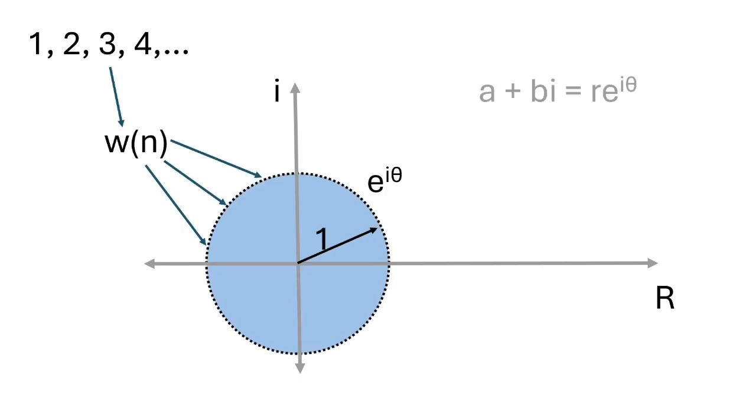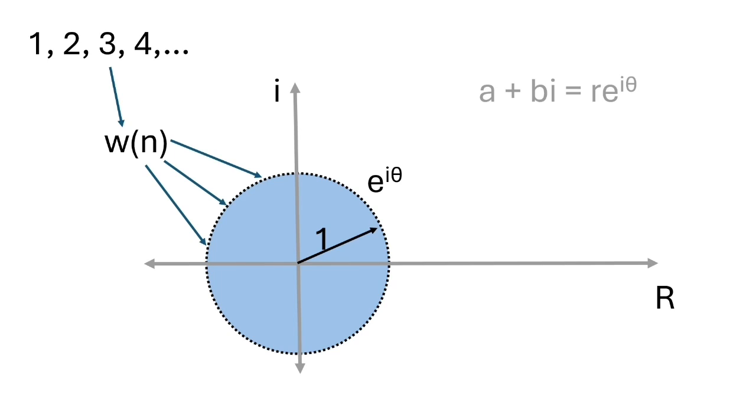All right, so what's next? Well, using complex numbers expressed in this way, we are about to see how Sky defines a function, w of n, that maps each positive integer n into the complex plane, actually onto a circle with a radius of 1.